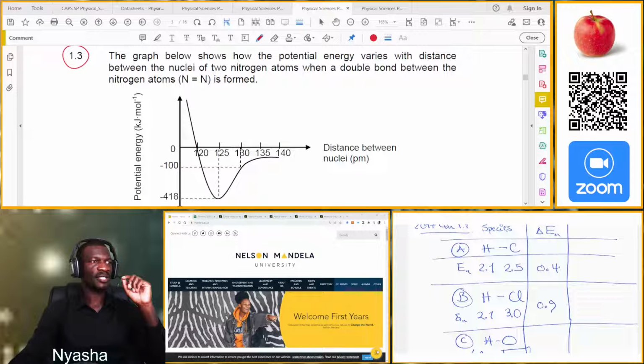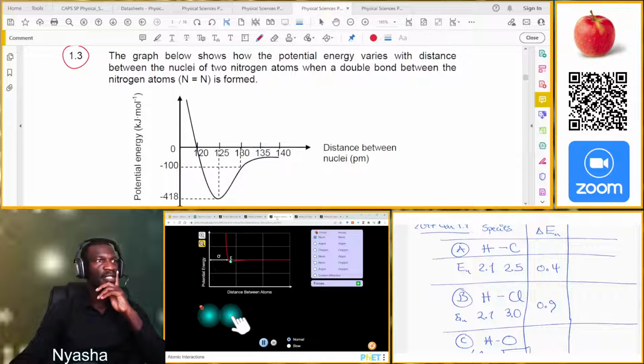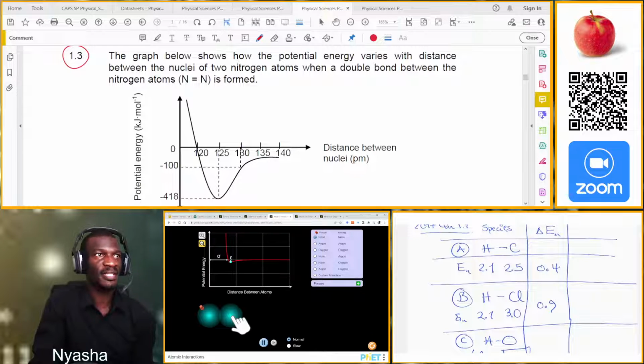Do you still remember this tool, where it's some bonding of two atoms, atomic interaction? Yes, there we go. So that was the atomic interaction tool. The whole idea with this tool is that it will show us a plot of potential energy versus distance between atoms.